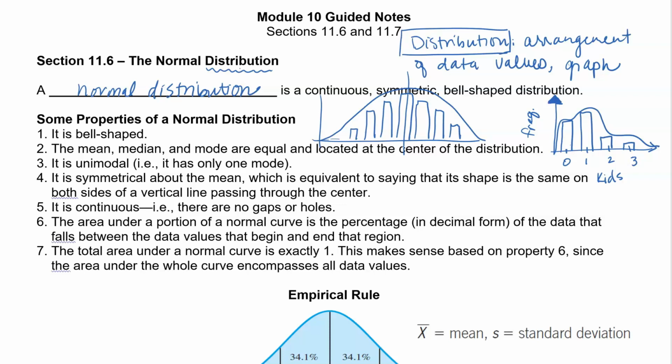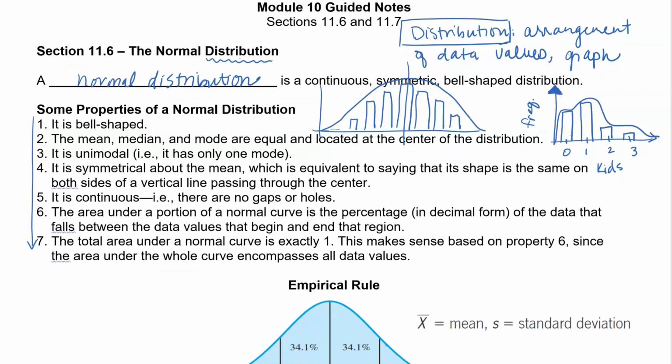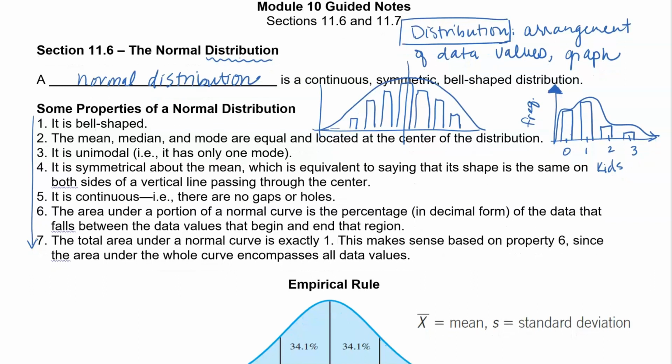And there are many properties of a normal distribution, and there's 7 listed here. Okay, we're going to come back to some of these as we go through the problem. But one thing I want to note first is a couple of things. Number 2 says the mean, median, mode are all equal and they're located in the center. So the very center of this normal curve, this is where the mean, median, and mode are.